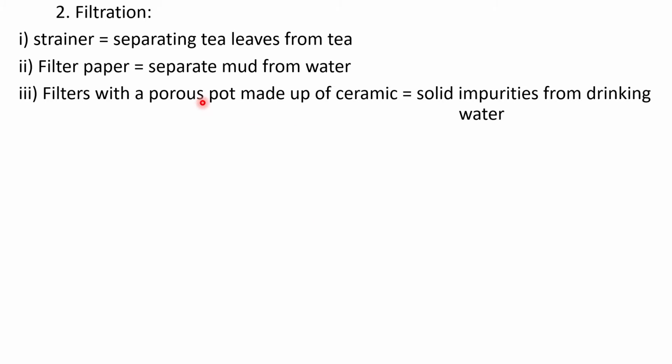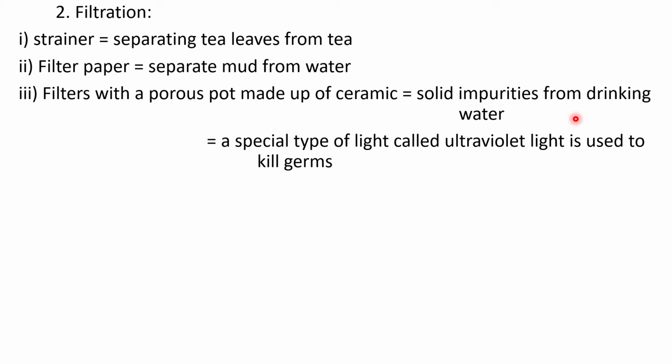Filters with a porous pot made of ceramic are used to remove solid impurities from drinking water. These filters are fitted inside our ROs or aquaguards, and these filters have a porous pot. That means the pot has pores, and these pores are responsible for separating solid impurities from drinking water.